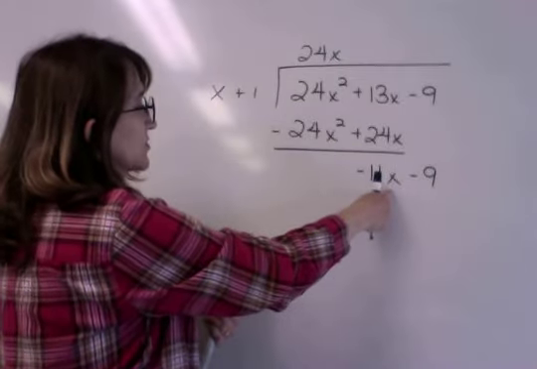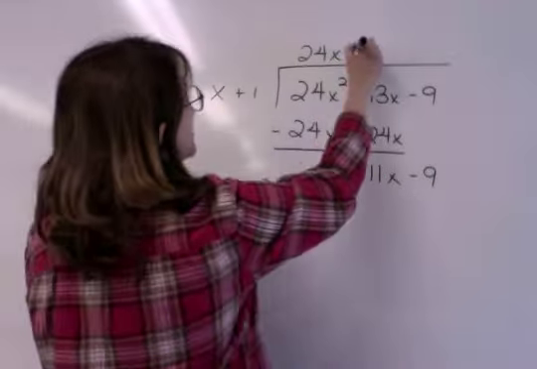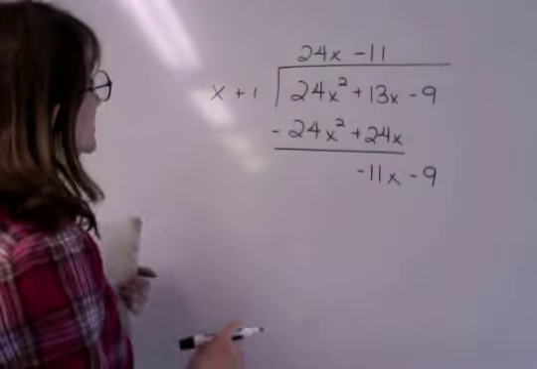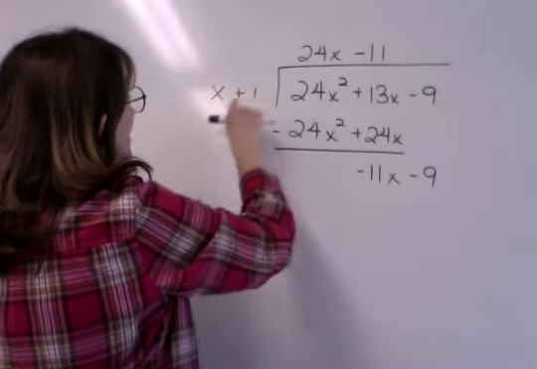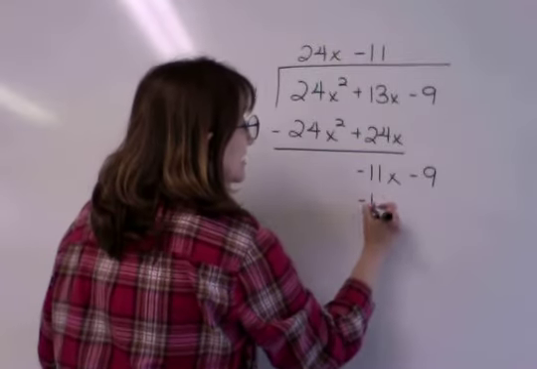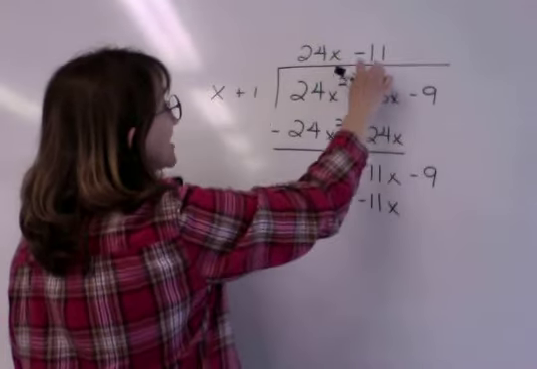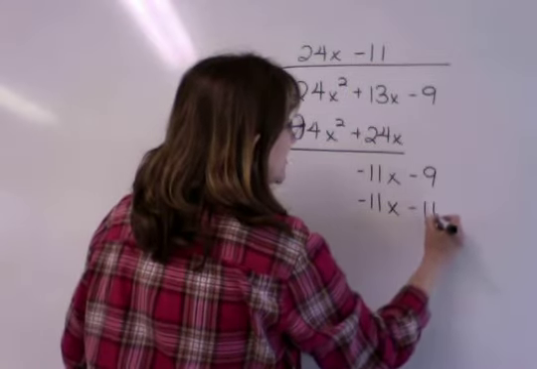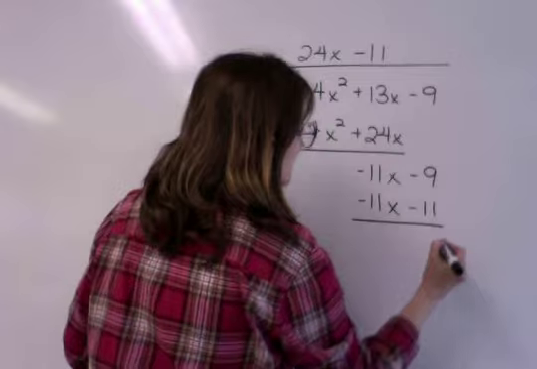I don't need an x squared. What I need to do is just multiply that through with a negative 11. So multiply the negative 11 to an x, I have a negative 11x. Multiply that negative 11 to the 1, and I get a negative 11.